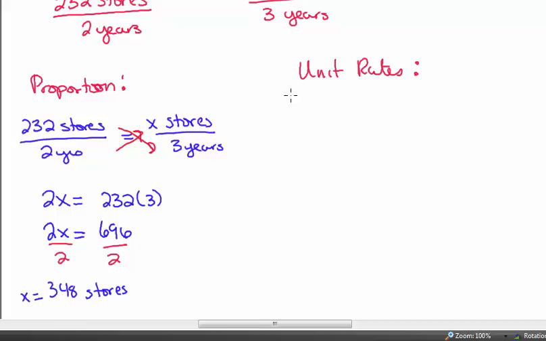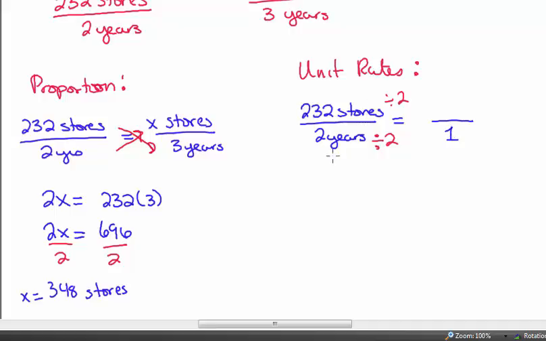Now, using a unit rate, I have 232 stores over 2 years, and I want my denominator to equal 1, so I divide by 2. I'm always trying to make that denominator equal to 1. Since I've divided both by 2, I get that there were 116 stores per year.